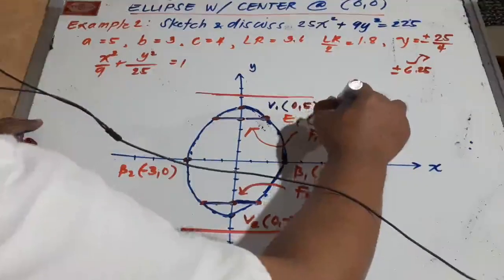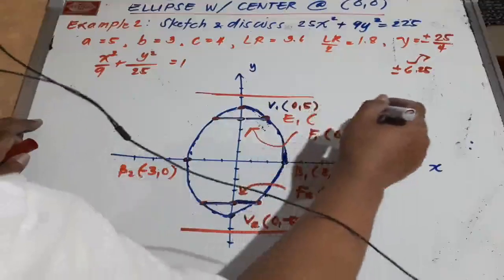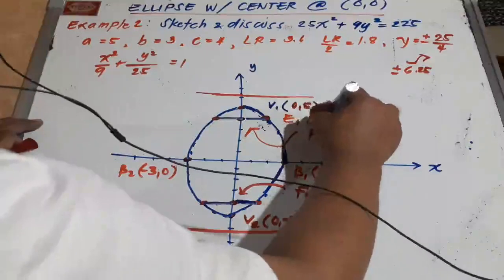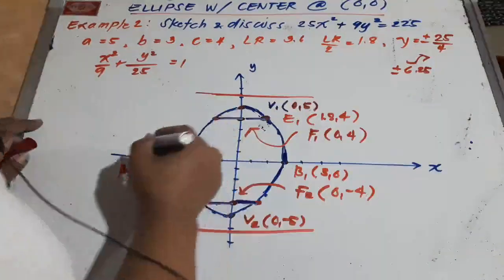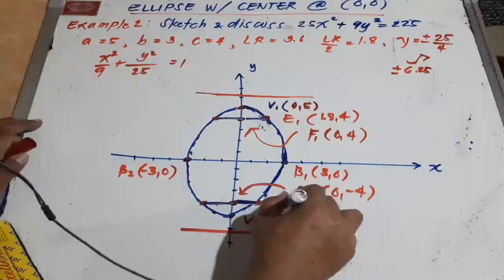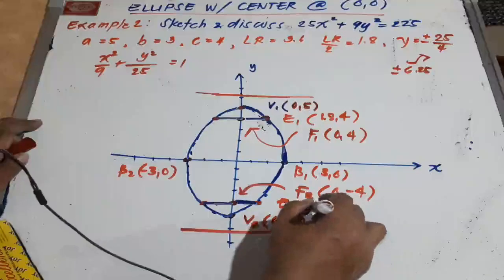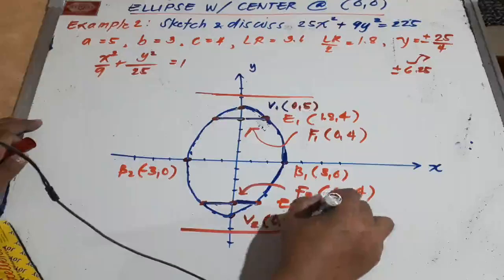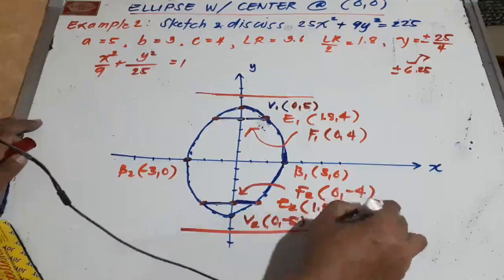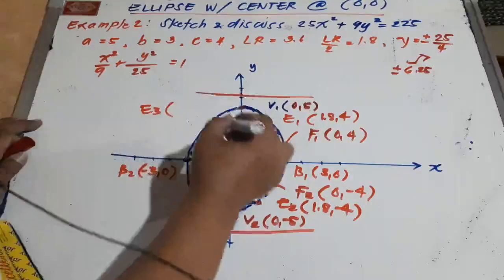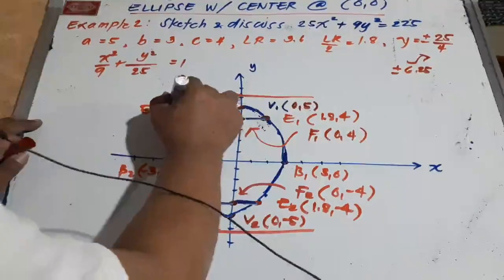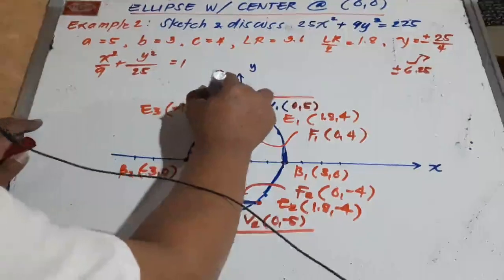Okay? Yung lateral recta natin, endpoints, we have E sub 1 here. That is, horizontal distance is 1.8. So 1.8, comma 4. Okay? E sub 2 here, coordinates niya ay 1.8, negative 4. Okay? Yung E sub 3 here, ngayon, negative 1.8, comma 4.